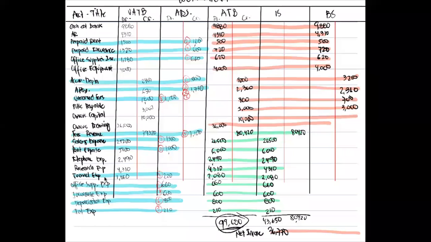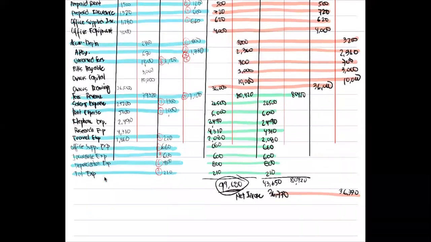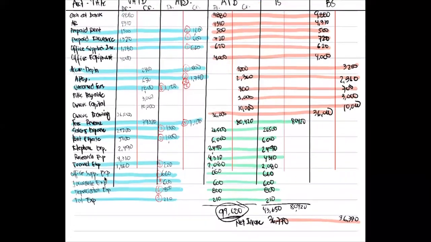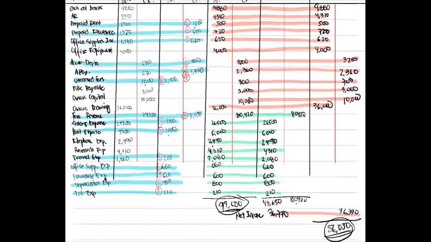For bills payable, we have 3,000, owner's capital of 10,000, owner's drawing of 36,000, and 36,770 as net income. So we compute for the balance. $56,030. $56,030. Okay. Did you get the same? 56,030. I hope so.